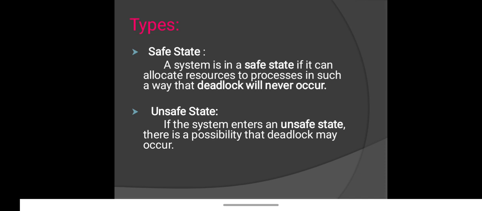A safe state is a resource allocation state in which the system can allocate resources to each process in some order and still avoid deadlock. And if no such safe sequence exists, then the system state is said to be unsafe. It is called the unsafe state.